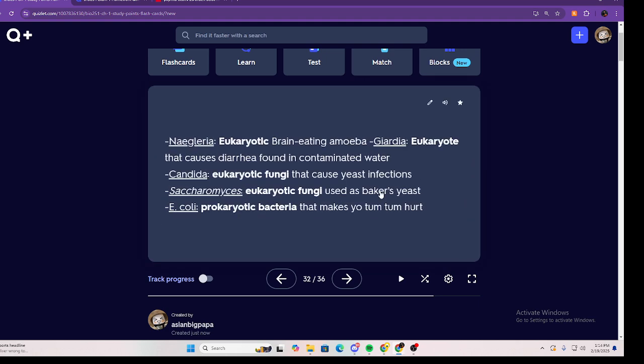So Naegleria is a eukaryotic brain-eating amoeba. Giardia, eukaryote that causes diarrhea. Candida, eukaryotic fungi that causes yeast infections. Saccharomyces, eukaryotic fungi used as baker's yeast. E. coli, prokaryotic bacteria that makes your tummy hurt.